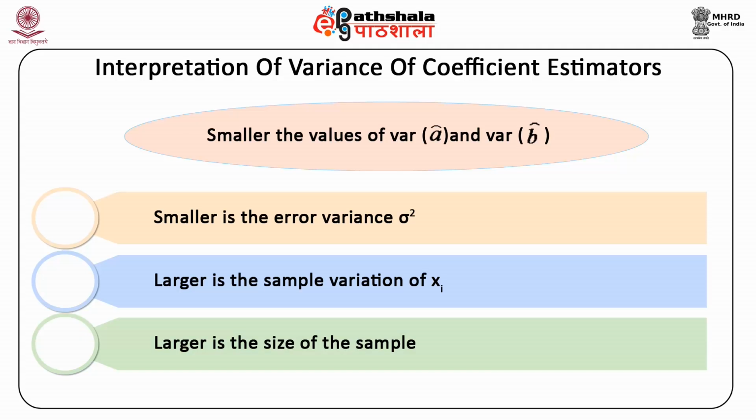That is, larger is the value of x square, which is equal to xi minus x bar whole square, and larger is the size of the sample, that is, larger is capital N.